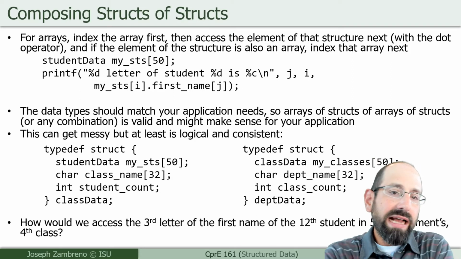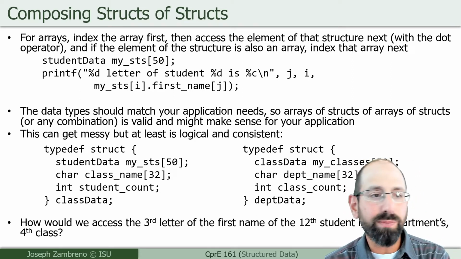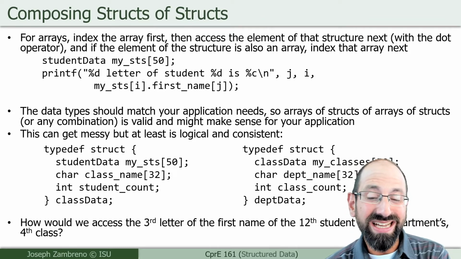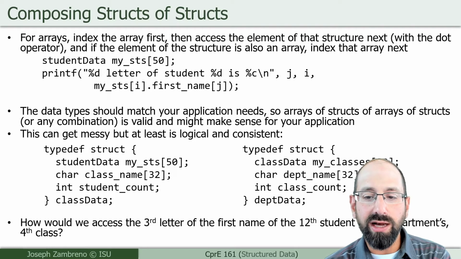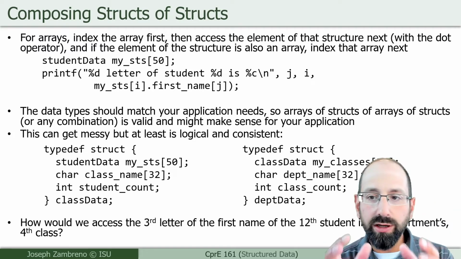So, how would we access the third letter of the first name of the 12th student in the 5th department's 4th class? Well, that's brutal, but it's logical. So we would declare an array called my_departments of department type, an array of size 100. We work outward in.